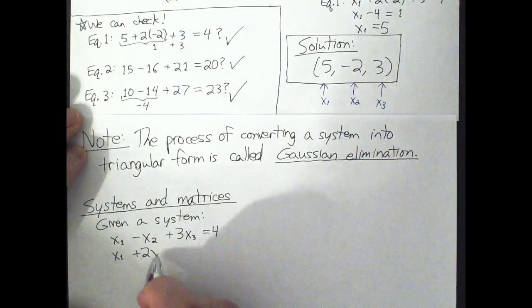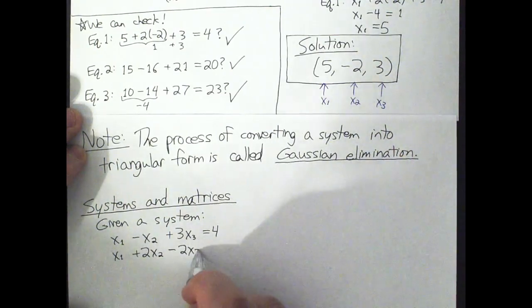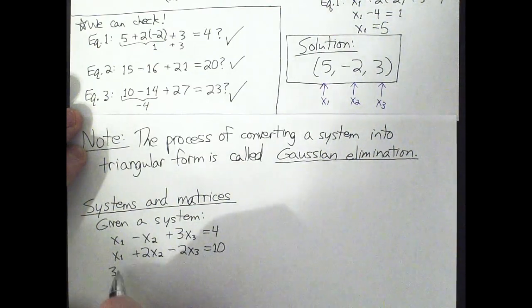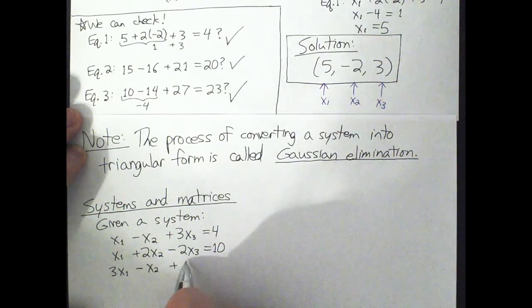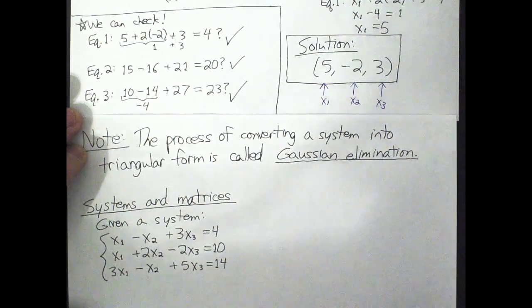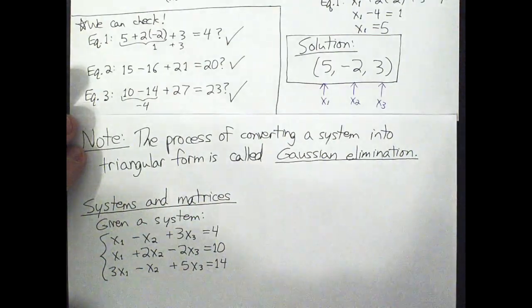Did I mention yet that systems can represent all sorts of interesting things in real life? Linear systems show up in science, business, economics, engineering. Right now, we're focused on the theoretical side of it, though, so maybe we'll see some of those applications later. All right, we've got a little system to play around with as an example.